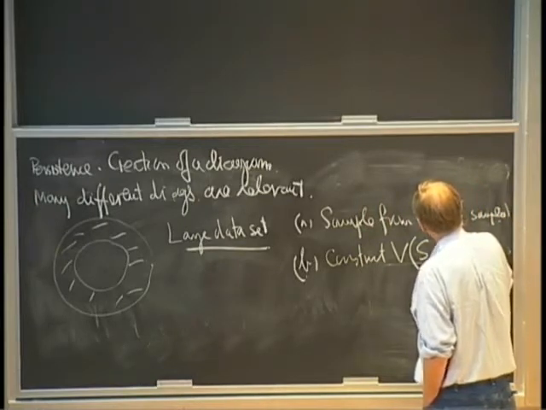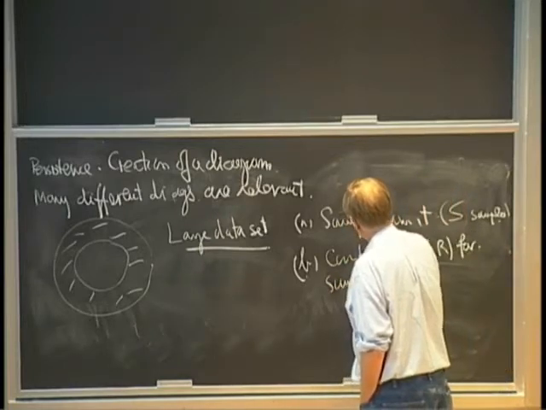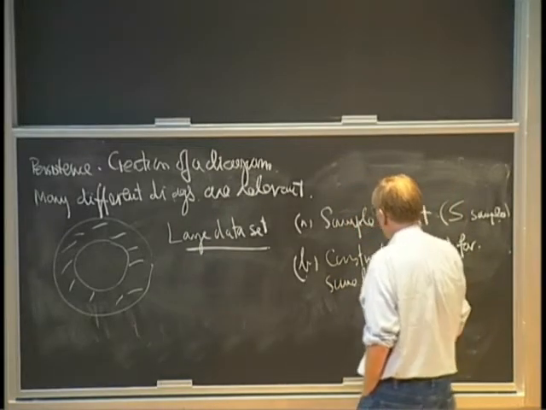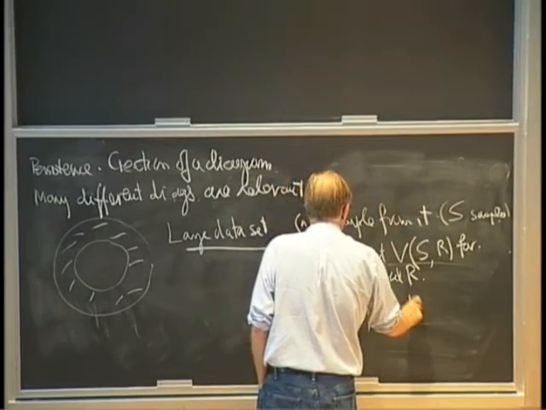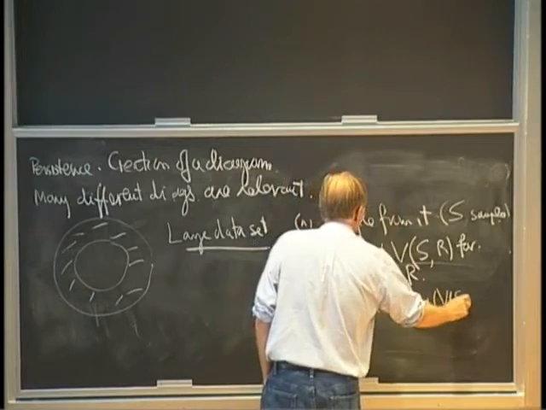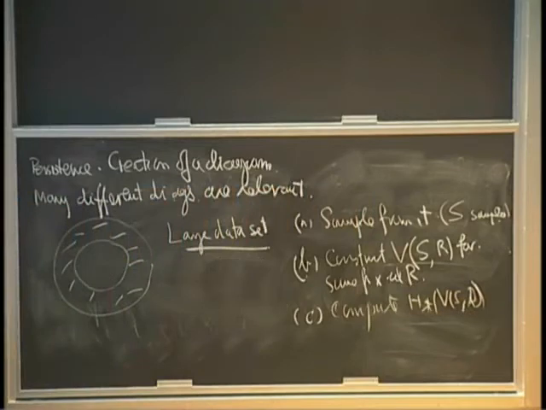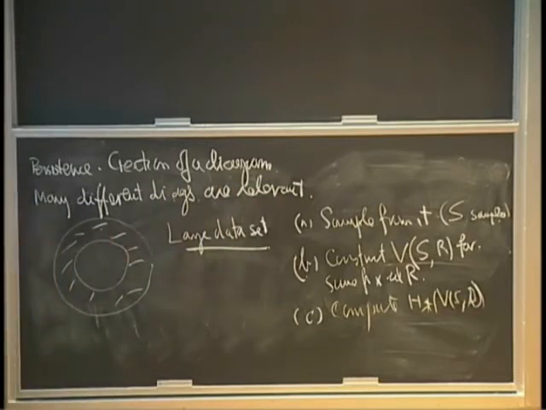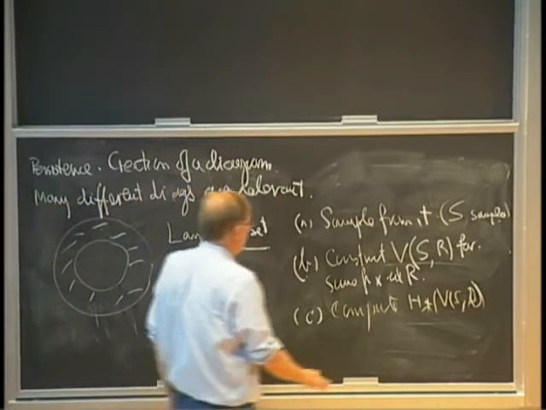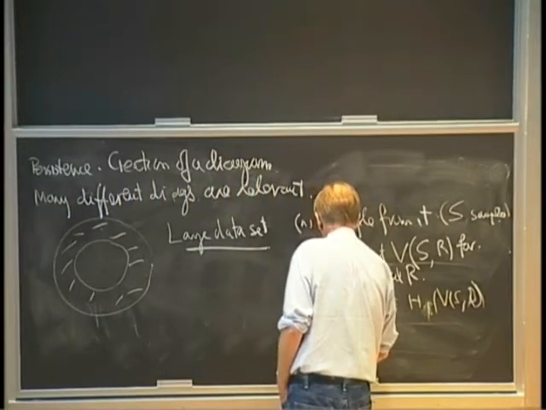And then B, construct the Vietoris-Rips complex for some fixed R. And then C, compute homology. So that's an experiment I'm doing. Okay? And maybe I find that a lot of times that I do this calculation, it reports back that there's a Betti 1. So suppose it frequently reports back Betti 1.